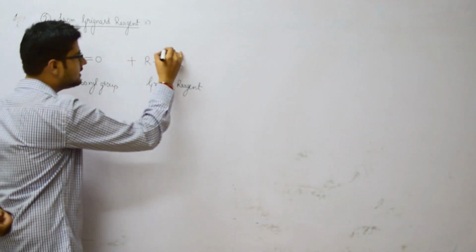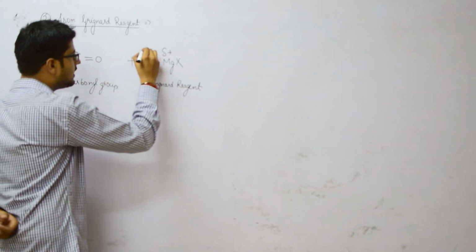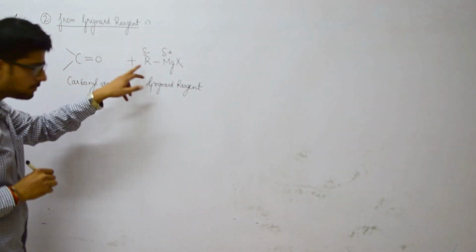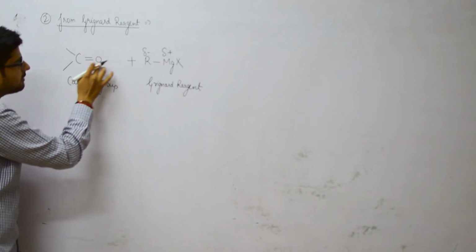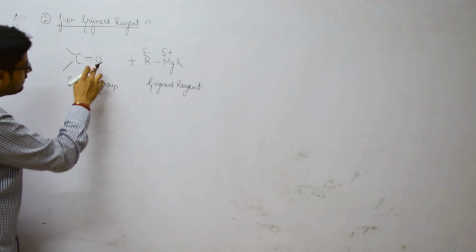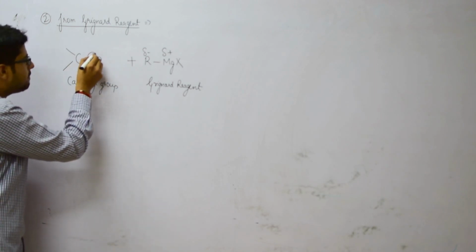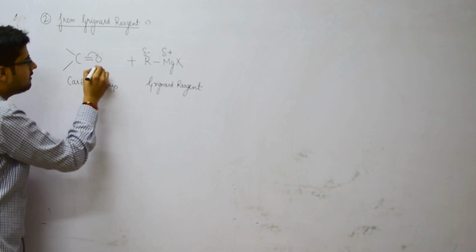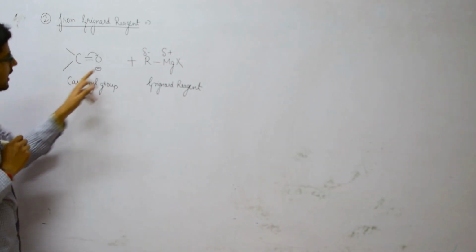We know that there is a partial positive charge over MgX and partial negative charge over R group. Again, here we know that the oxygen atom is more electronegative as compared to carbon atom. So it will attract the shared pair toward itself, and here we will get 2 electrons and a negative center would be developed, or a carbon ion will be formed.